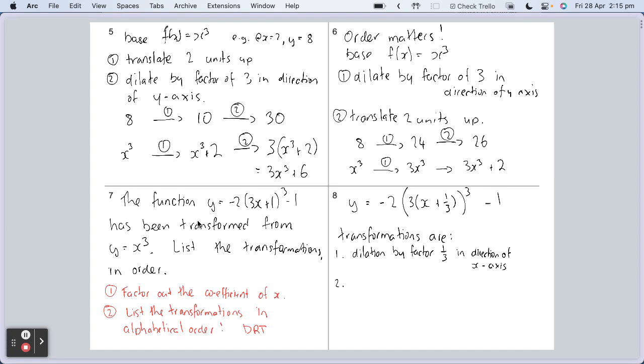Are there any more dilations? Has the thing that has been cubed been multiplied by something? Yeah, what is it, Esther? Good answer, but not 100% correct. It has been multiplied by -2, so that's good. But -2 is not the dilation, though. What's the dilation? Do you know, Tash?